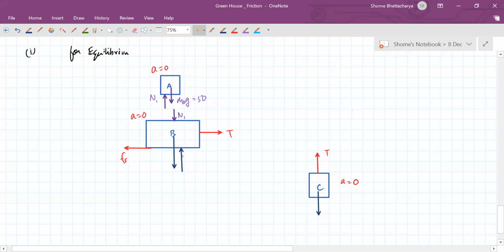Then weight of B, which is 150 newtons. And N2. And weight of C, which we don't know. You have to calculate. So these are the various forces.